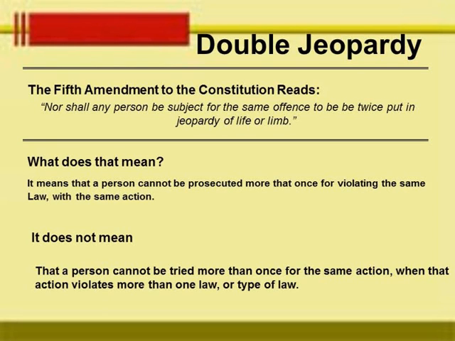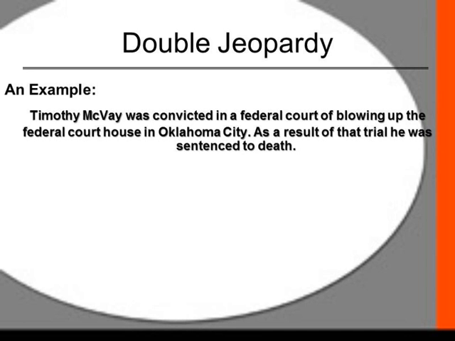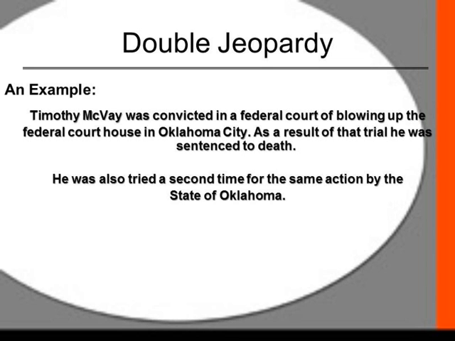Let me give you an example. Everybody remembers Timothy McVeigh back in the mid-90s. He was convicted of blowing up the federal courthouse in Oklahoma City. He was tried by the federal government and sentenced to death. He was also tried for blowing up the courthouse by the state of Oklahoma.